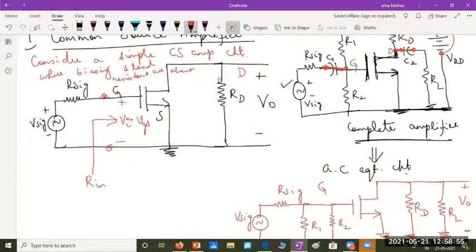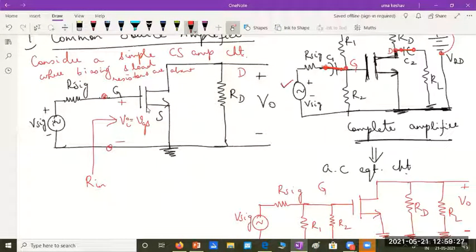And what should I do now? How do I analyze this MOSFET? What did we do towards the end of module 1? We found an equivalent electrical model for the MOSFET, where I can remove this MOSFET and use its equivalent model to replace the MOSFET whenever I have to analyze it as an amplifier.